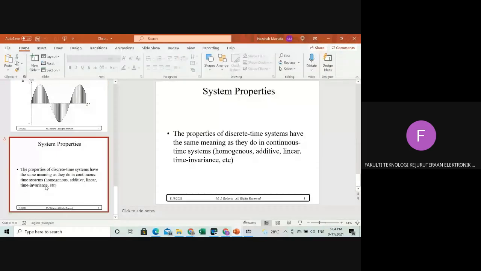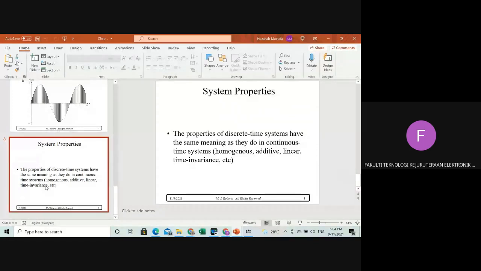For discrete time systems, the properties are the same as for continuous time systems. We have homogeneity, we have additivity, and homogeneity and additivity together make linearity, and then we have time invariance, etc. Memory, memoryless, causal, the same.